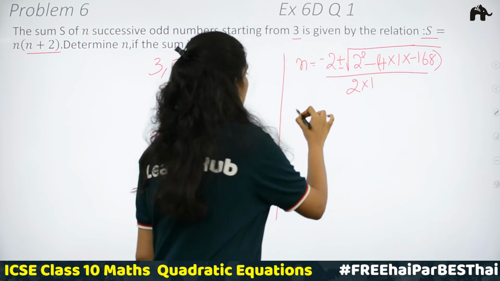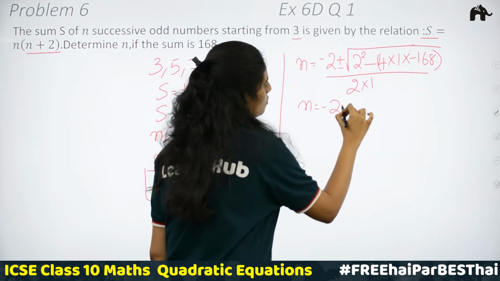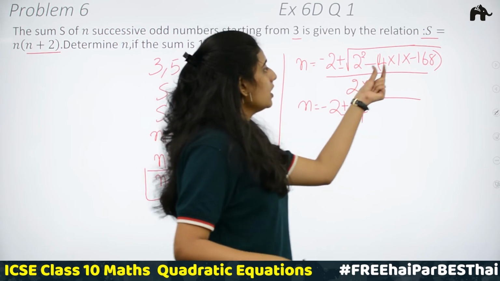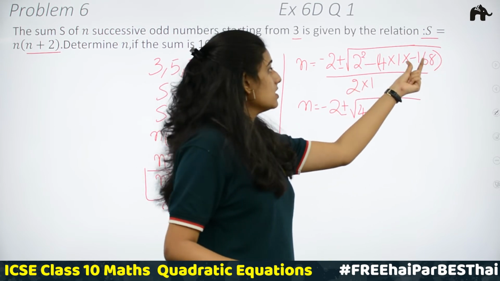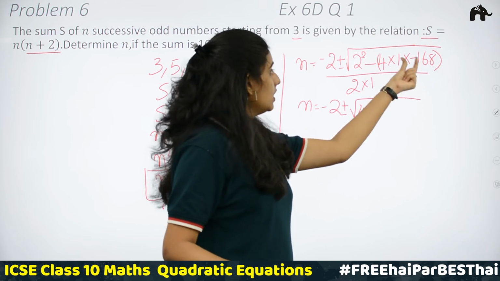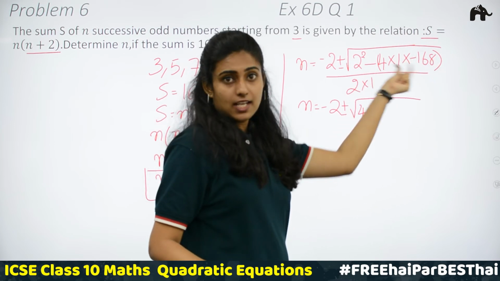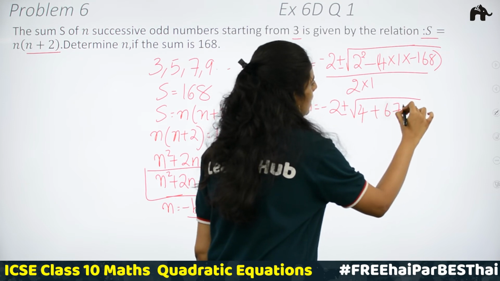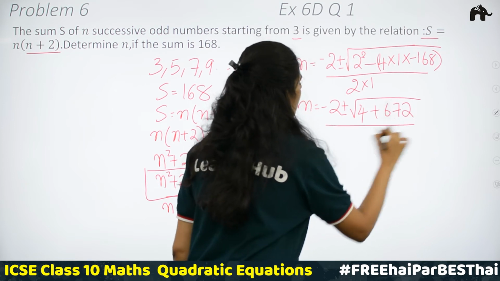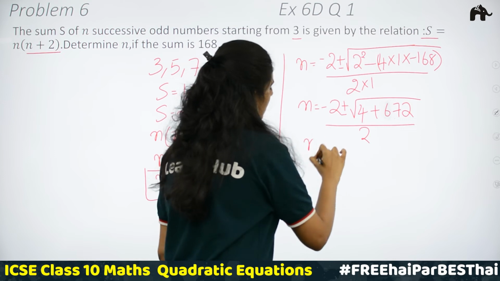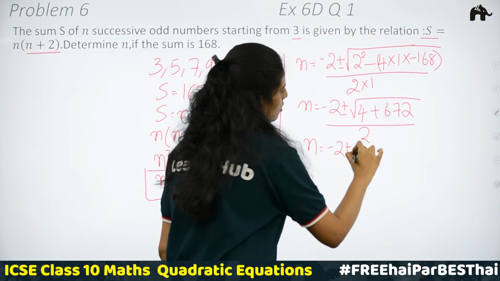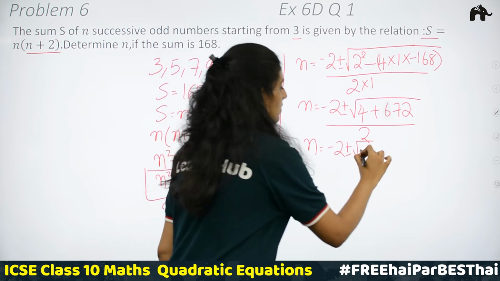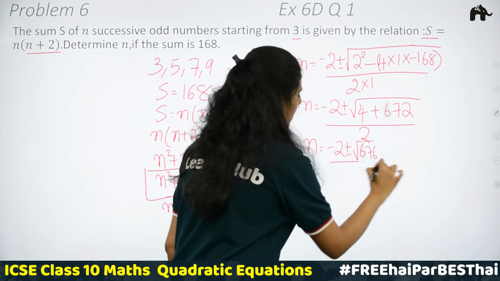That is n is equal to minus 2 plus or minus root of 4. 4 into 168 is 672. Here we have two negative signs, negative into negative is positive, plus 672, divided by 2. That is n is equal to minus 2 plus or minus root of 4 plus 672 is 676, divided by 2.